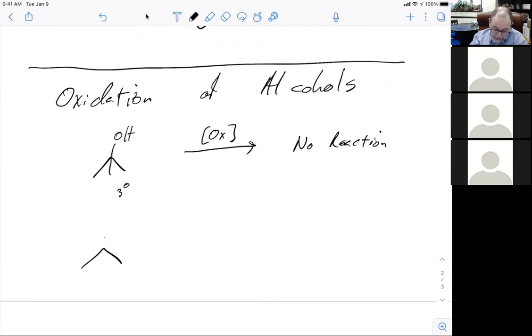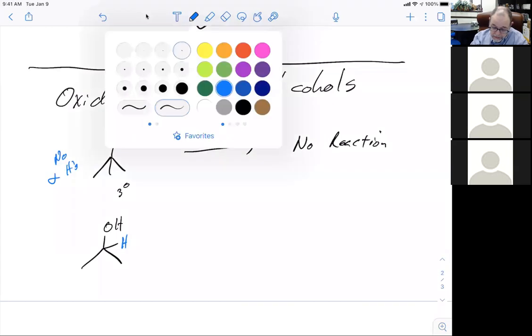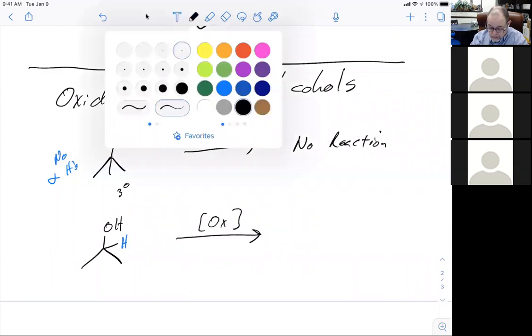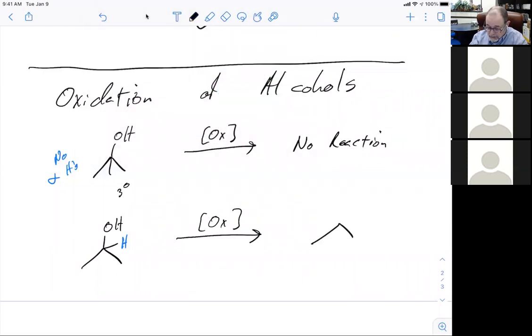But if we look at a secondary alcohol, and let me color code this, right? So there's a hydrogen, right? This one had no alpha hydrogens, right? But here we have at least one alpha hydrogen. So if we add an oxidant here, we could end up with the carbonyl, or we will end up with the carbonyl with the right oxidant, right?